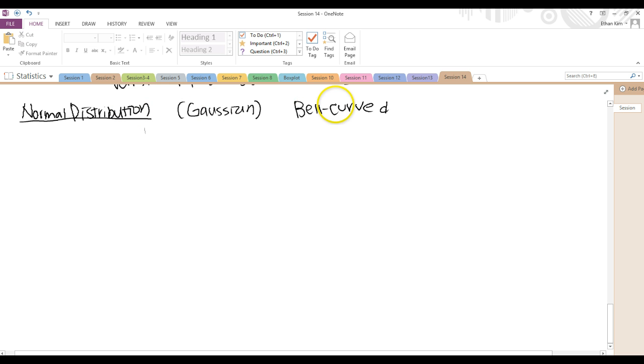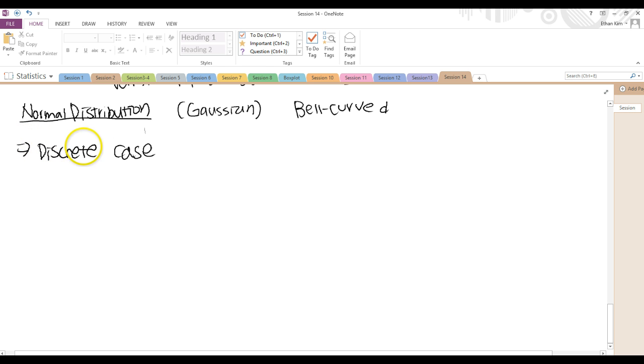But before we go into this, let's just talk about something called probability density function, because we need to define something first. So far we've only discussed the discrete case.